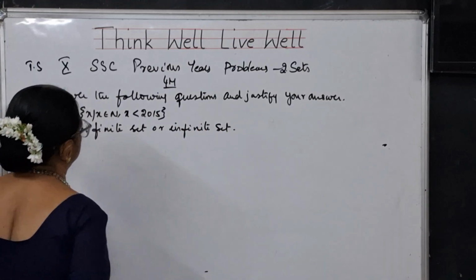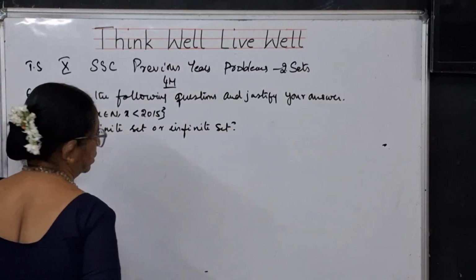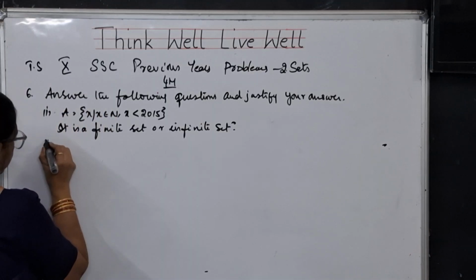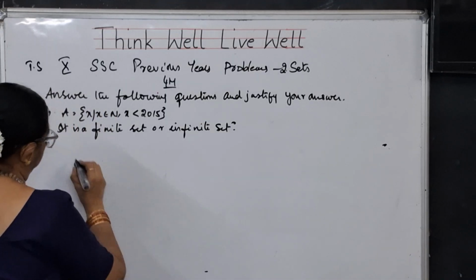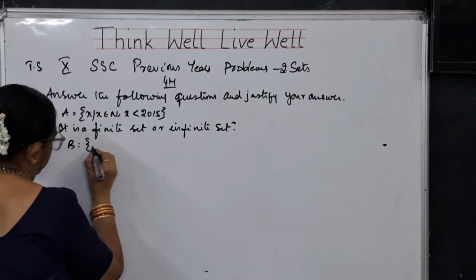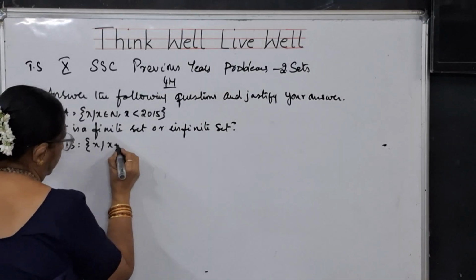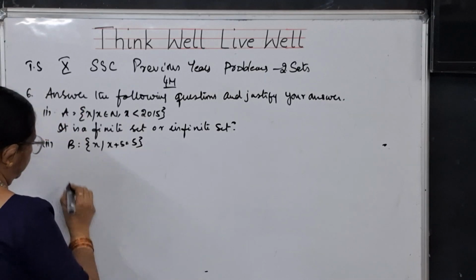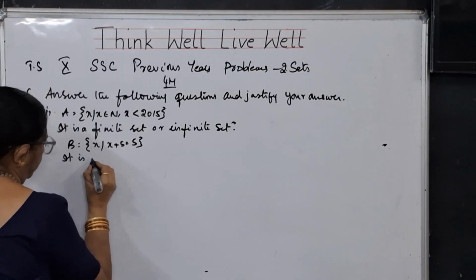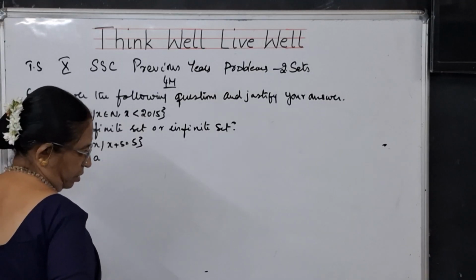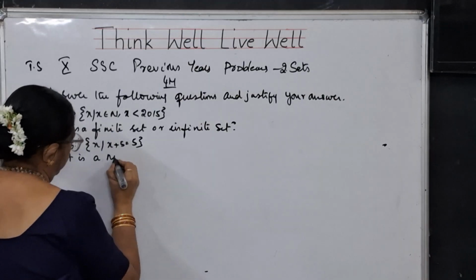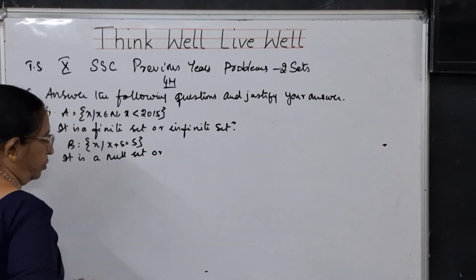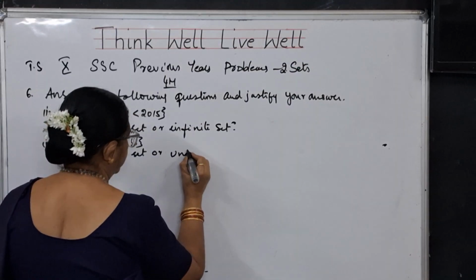This is the first question. Okay, next question. Second one: B is equal to x such that x plus 5 is equal to 5. Is it a null set or universal set?